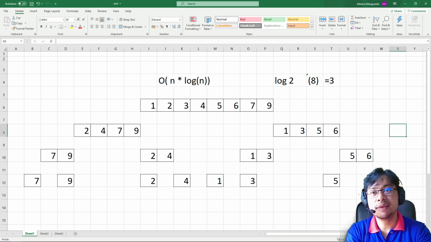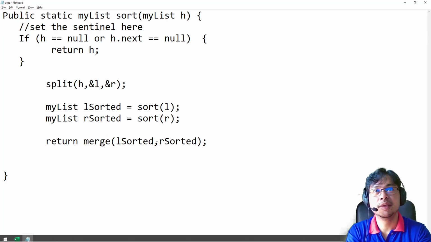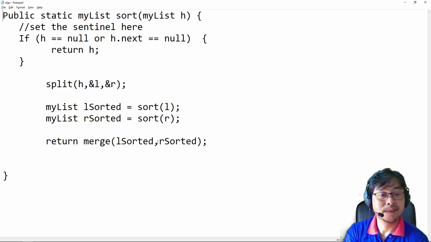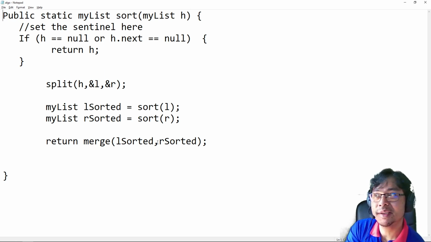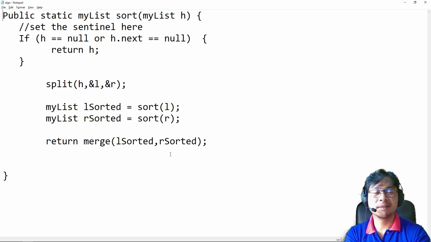I want you to see the pseudocode I made for that kind of traversal. By the way, do you see advertisements on Facebook about job interviews?